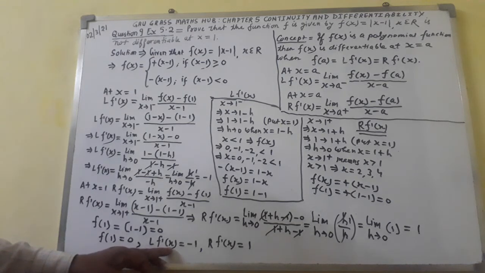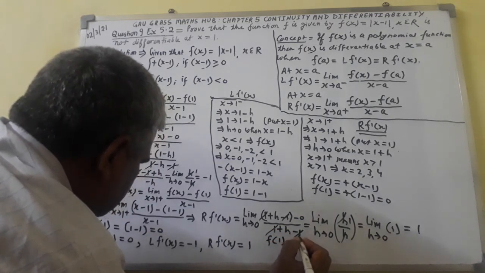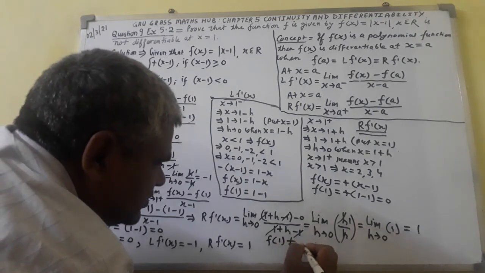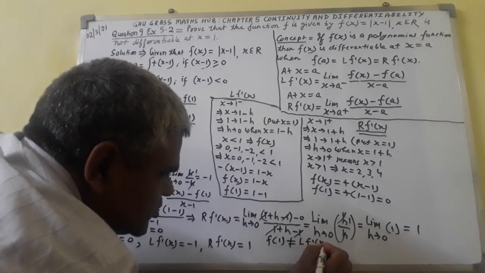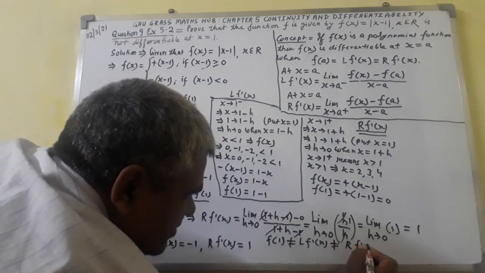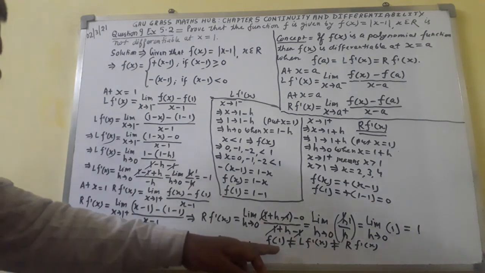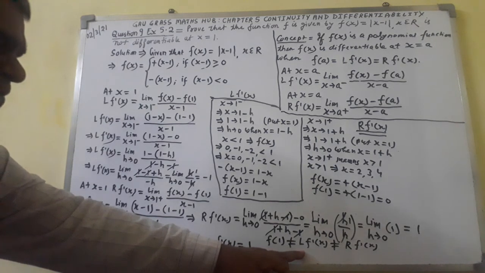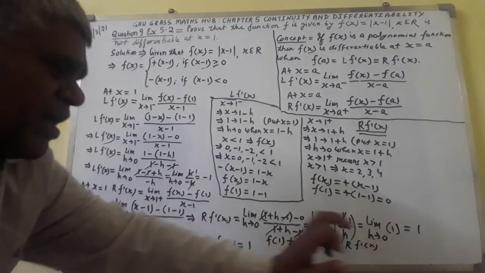So here I shall write f of 1 is not equal to left hand derivative of f of x, not equal to right hand derivative of f of x.